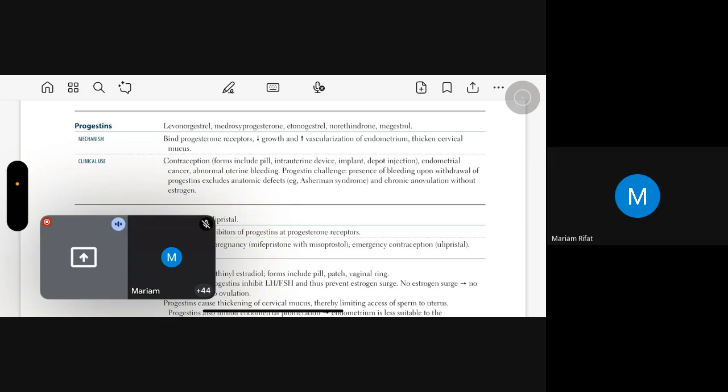Because in anovulation, no progesterone is secreted from the ovary, right? In order for the ovary to secrete progesterone, the ovum must be released from the ovary, and then the corpus luteum forms, and that corpus luteum will form progesterone, right?